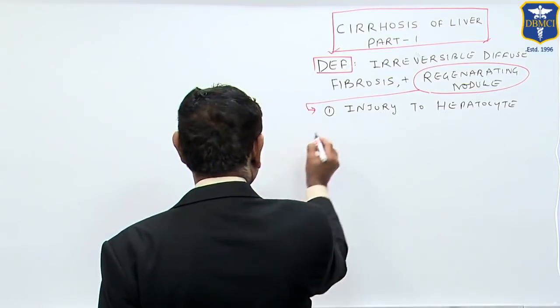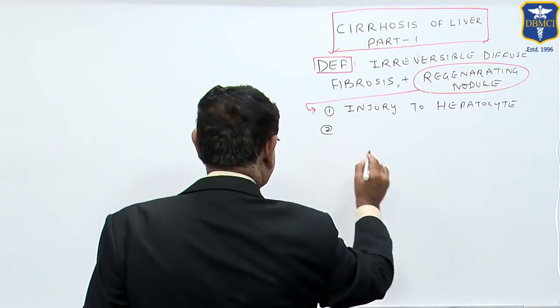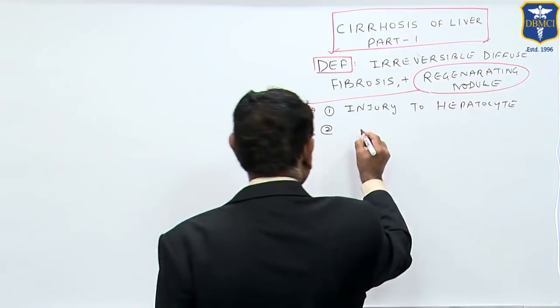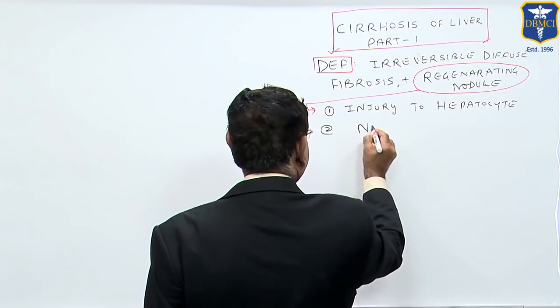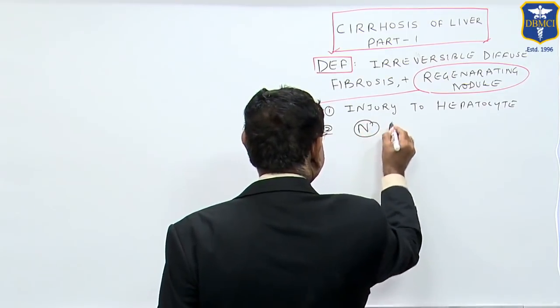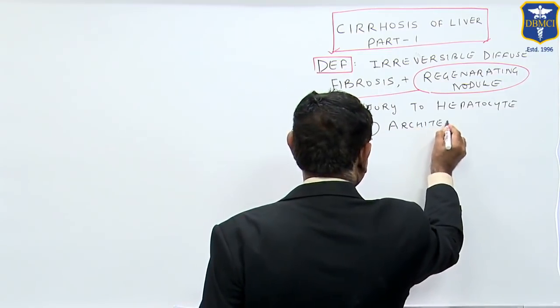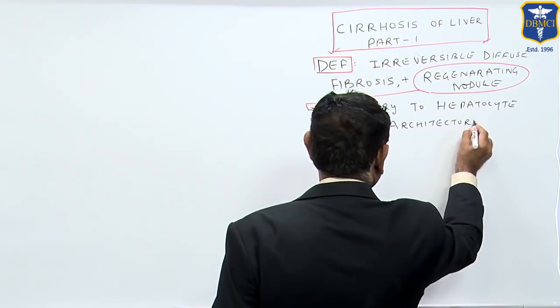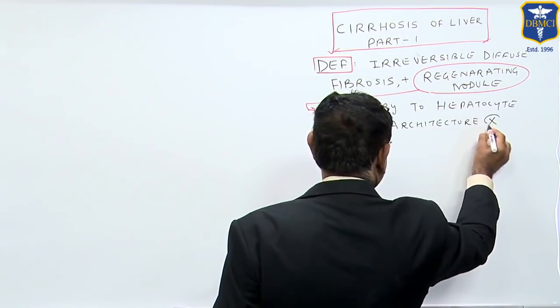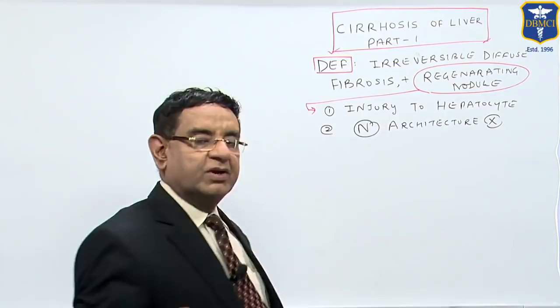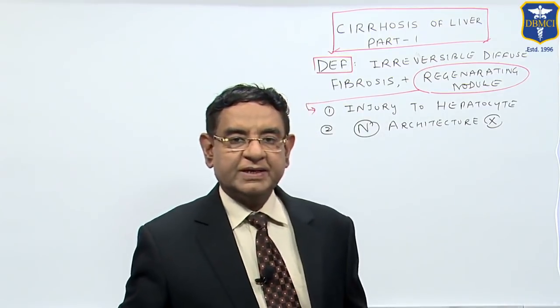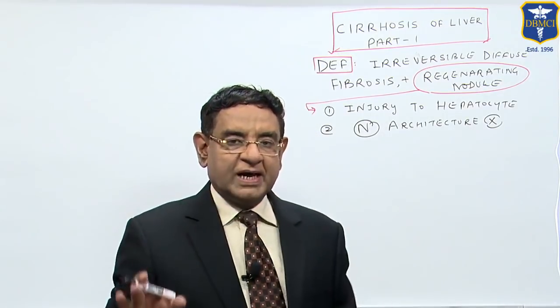Second point, what does the nodule have? They do not have normal architecture. That means whatever nodules are being made, they do not have normal architecture.